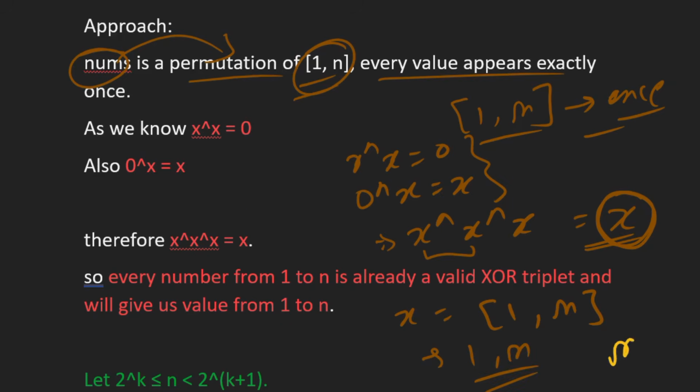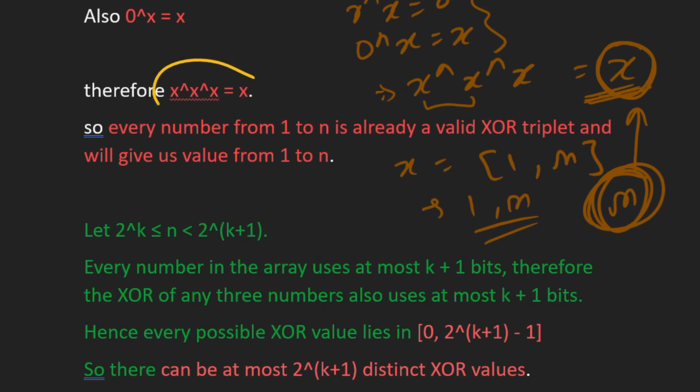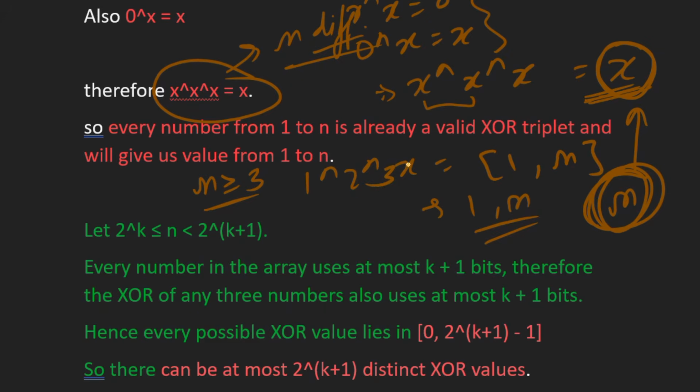So that means we are getting at least n different values from 1 to n using this property, or at least n unique values. And now one more thing: if n is greater than or equal to 3, then 1 XOR 2 XOR 3 is equal to 0.